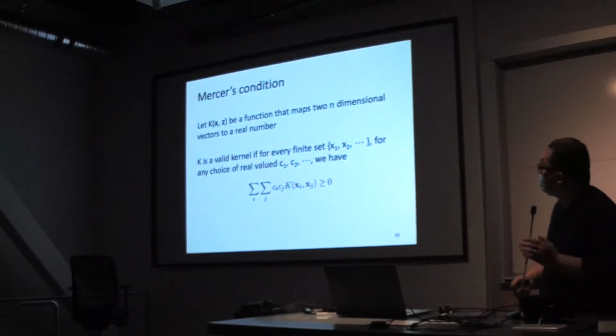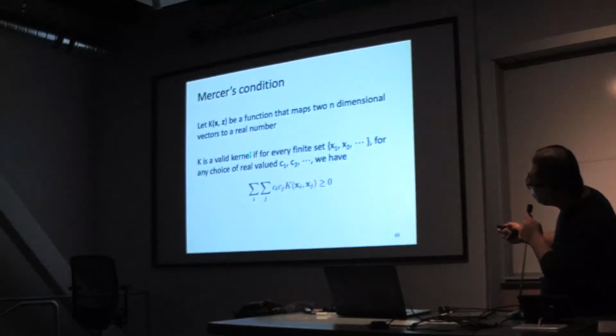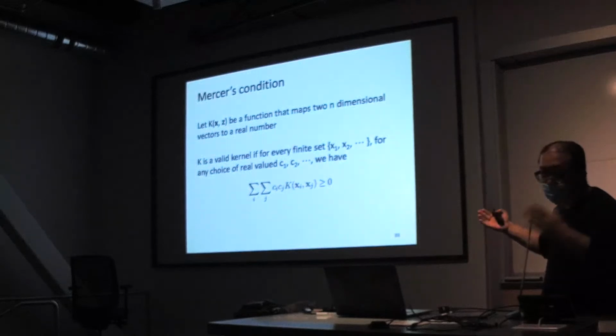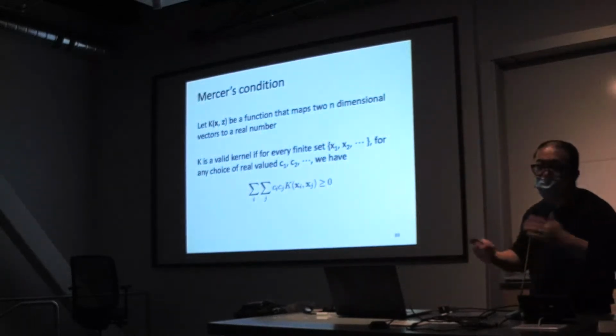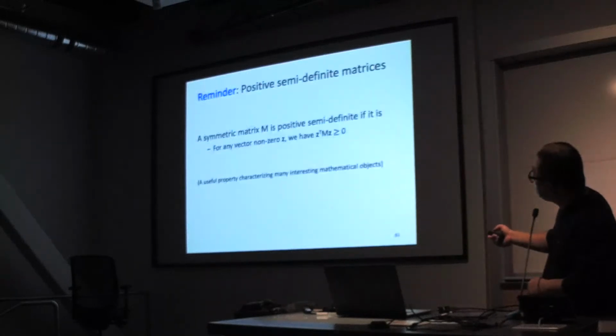Let k of x and z be a function that maps two n-dimensional vectors to a real number, and k is a valid kernel if for every finite set of inputs, you construct a kernel matrix, and for any choice of real values c1, c2, and so on, you can view them as a vector. This double summation is essentially a quadratic form.